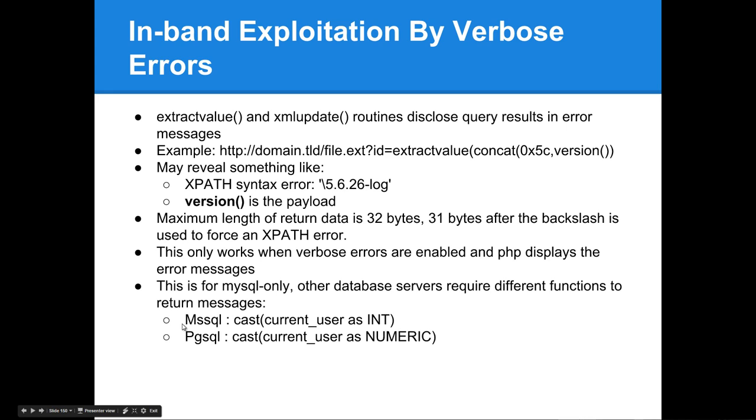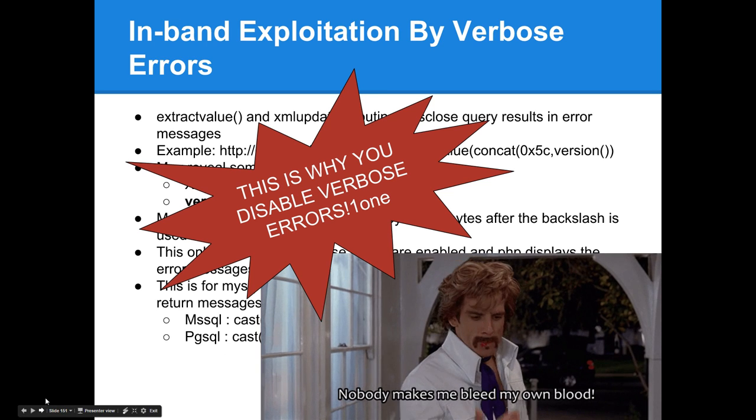And finally, for other databases, for Microsoft SQL and PostgreSQL, we have provided examples below with cast that work on invalid casts, and they should spit out what part of the cast went wrong, spitting out the argument here to the attacker.